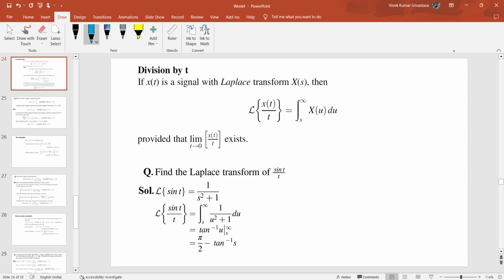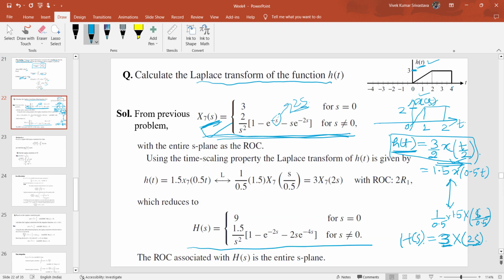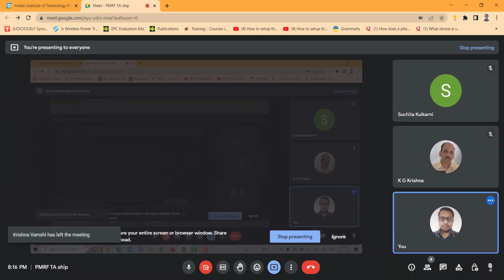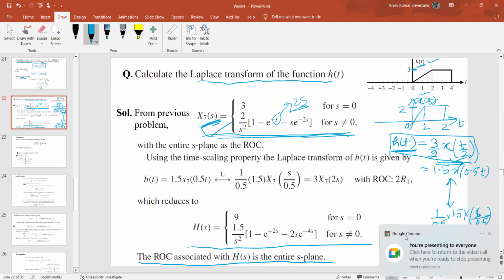I'm sorry, yeah, here also the ROC is R over 2, which is basically the entire s plane. So if any doubt in this problem, then please ask. Any doubt?